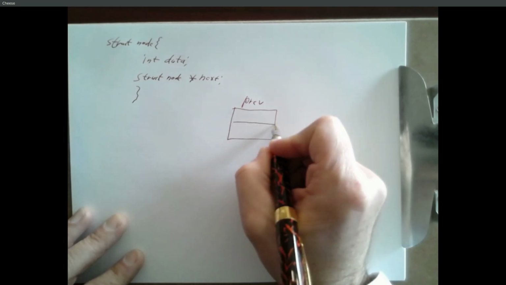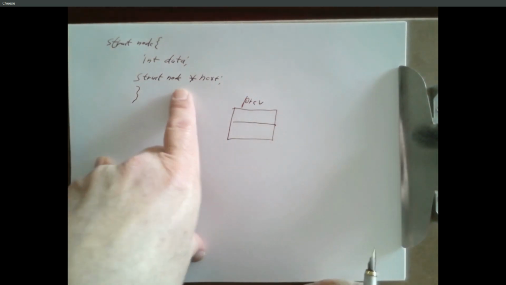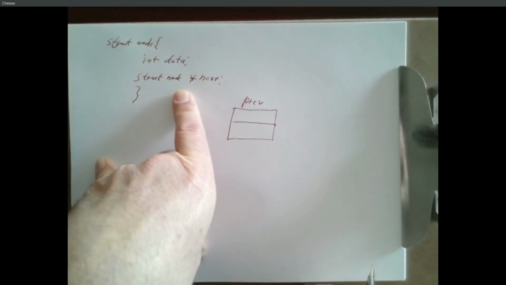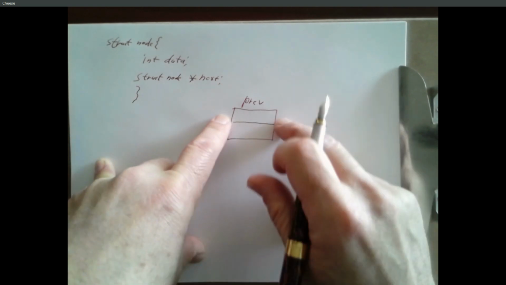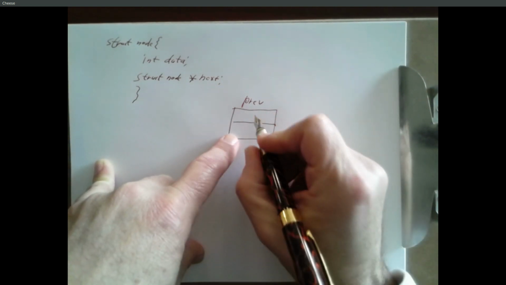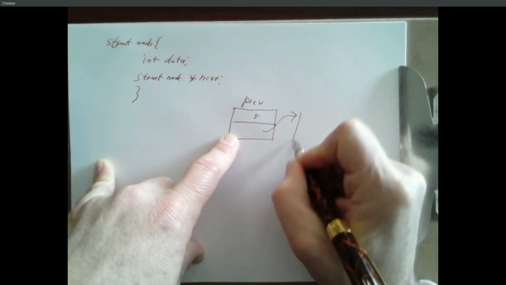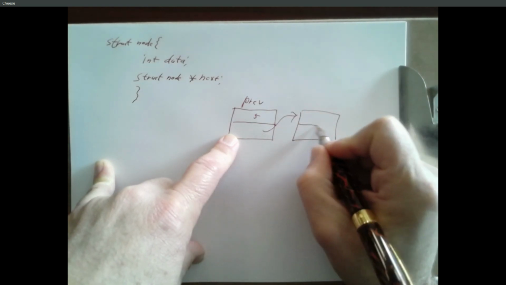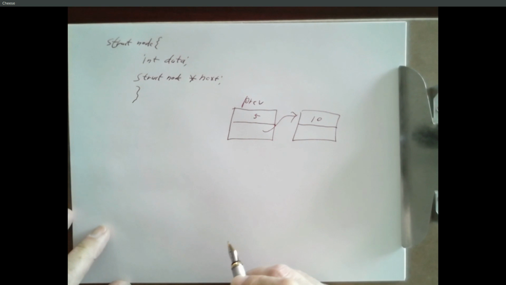And suppose this is our previous node. So previous is now a struct node star. It's not an integer anymore. It's a pointer to a struct node. And suppose previous is pointing to this node here, and this is a 5. And this is pointing to a node that has a 10.